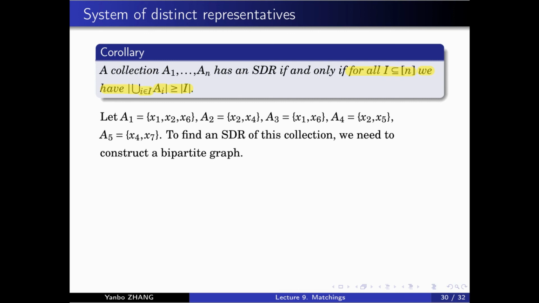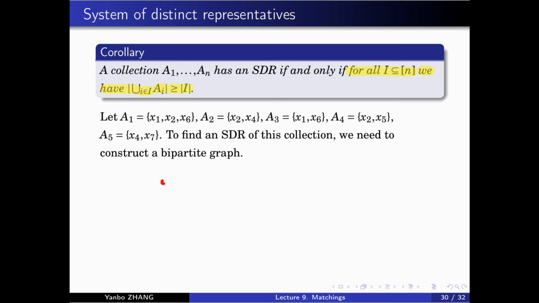Let A1 equals x1, x2, x6, A2 equals x2, x4, A3 equals x1, x6, A4 equals x2, x5, A5 equals x4, x7. To find an SDR of this collection, we need to construct a bipartite graph. So how to construct it? Because there are 5 sets, n equals 5.